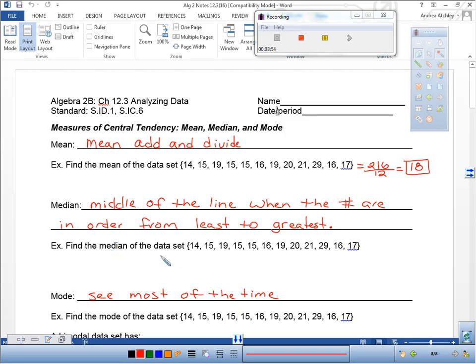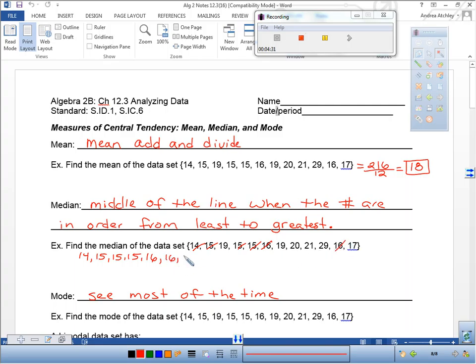Okay, the median is the middle of the data, so we need to put these in order from least to greatest. So 14 is first, then I have 15, 15, 15. Let me cross them off as I go. Then I have 16, another 16.